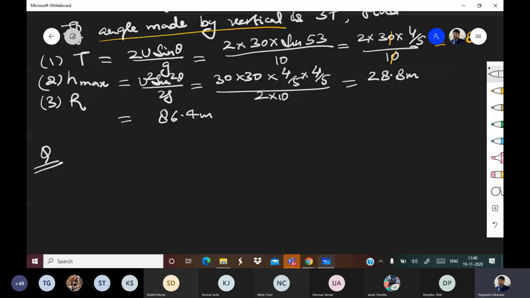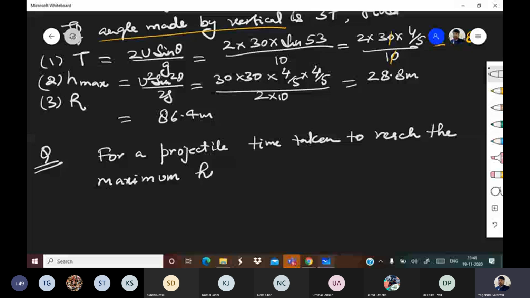Question. For a projectile, the time taken to reach the maximum height is 3 seconds.